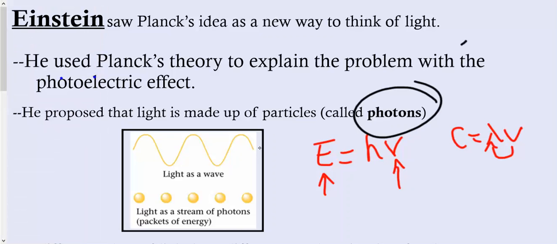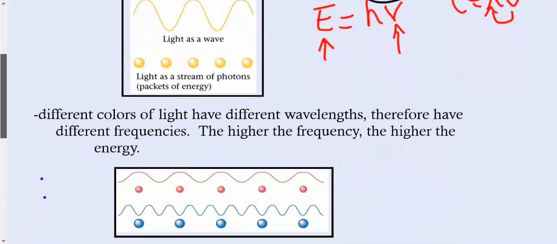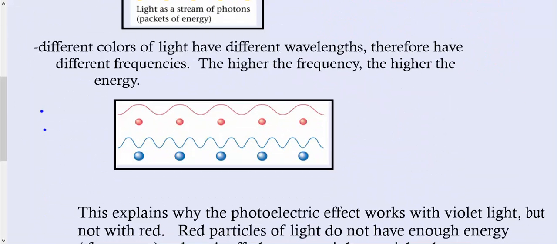Here's how he fixed the problem. Different colors of light have different wavelengths, different frequencies, and therefore different energies. Red light, with that long wavelength, corresponds to a small particle of energy. Each one of these particles doesn't carry enough energy to eject an electron.